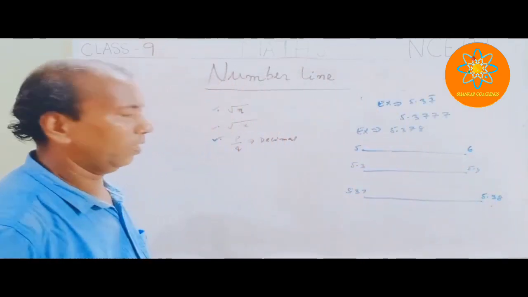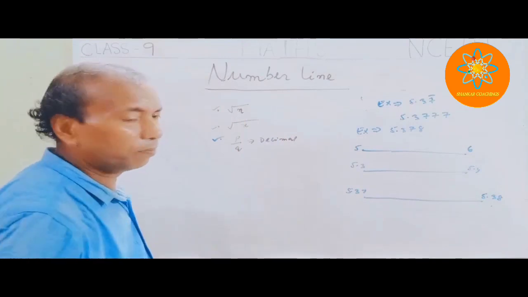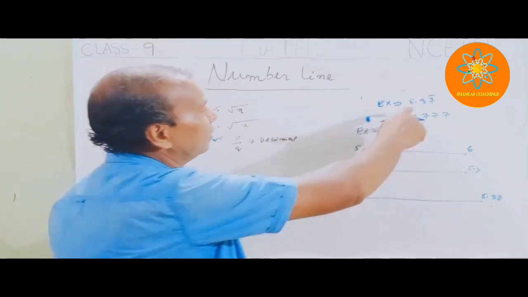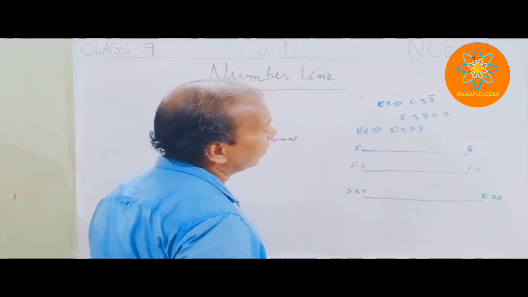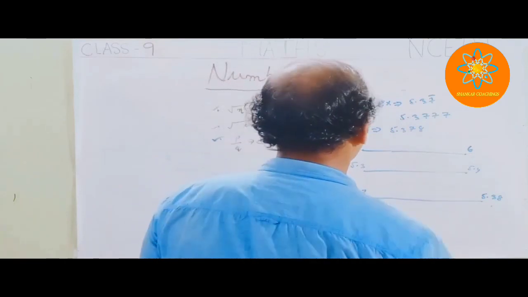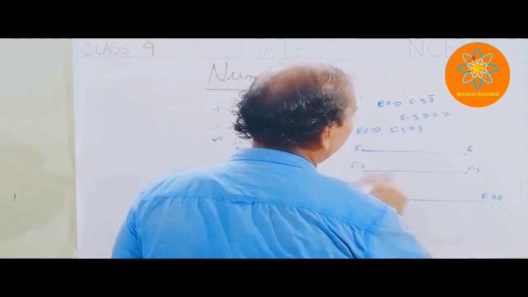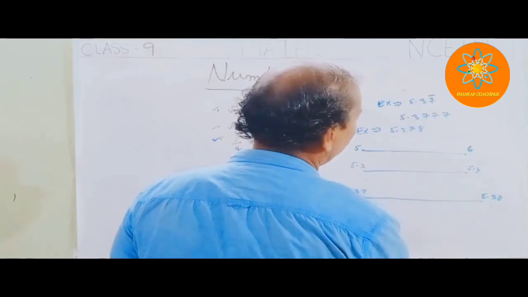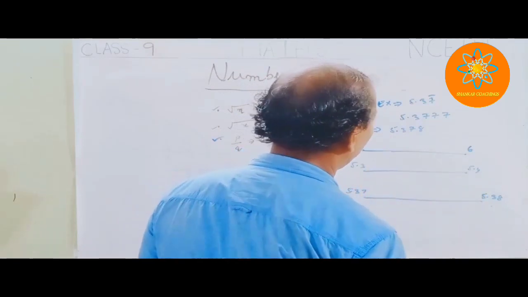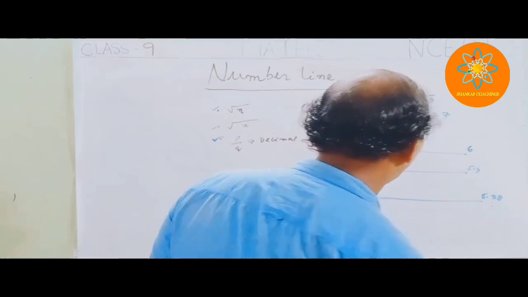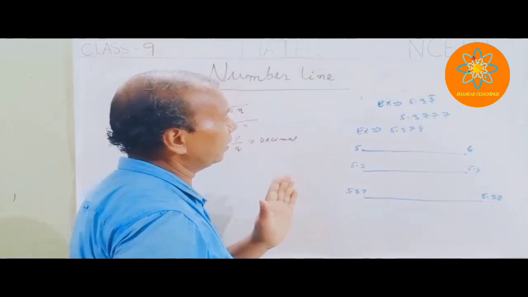So this is the way to represent any decimal number on the number line. 5, then here it is 6, 5.3, then 5.4, 5.37, 5.38. Now we represent this one.